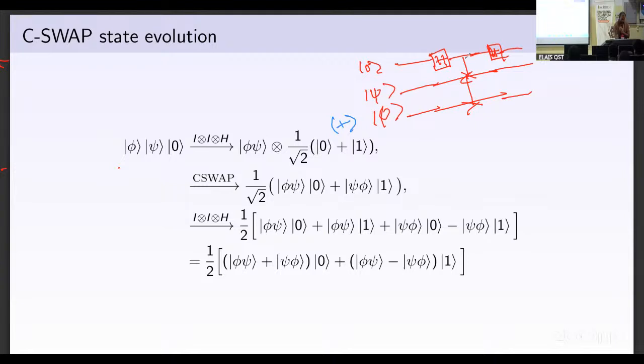So when it is 0, nothing happens. The swap doesn't affect the states psi and phi. When it is 1, they're interchanged. So when it is 0, it stays the same; here it is exchanged, swapped.